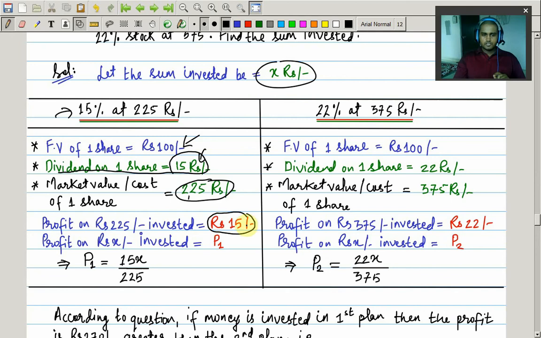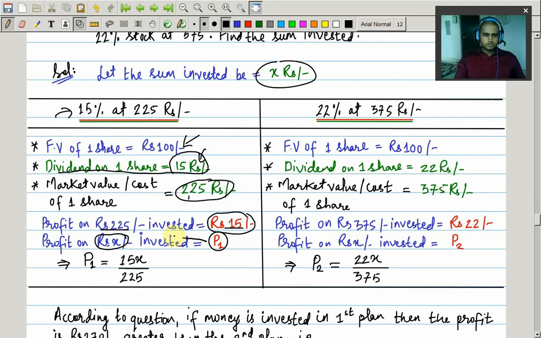So if I invest rupees 225 to buy one share, my profit will be rupees 15. This is the direct thing I am writing. So if I invest rupees 225, I will get this much interest. But I am investing rupees X. So how much profit will I get? P1. So let's calculate it.